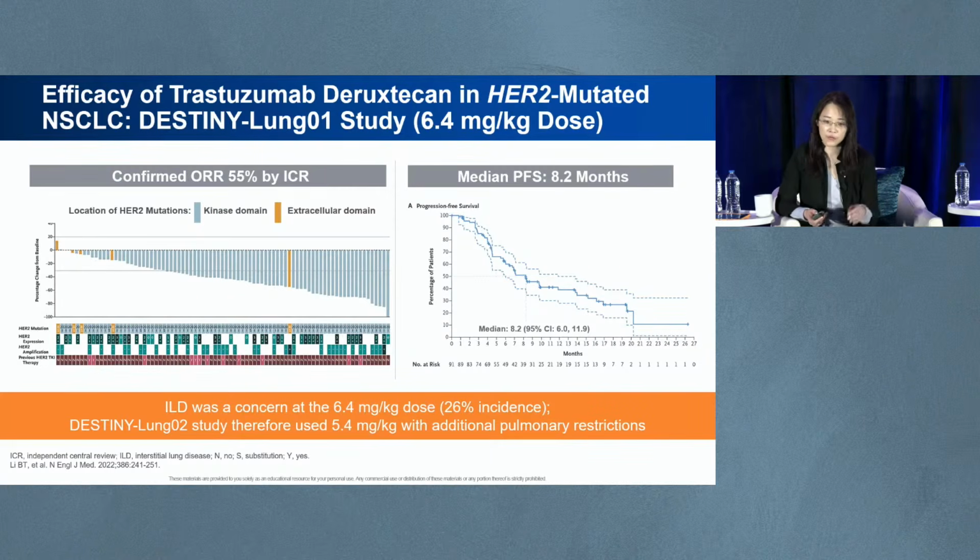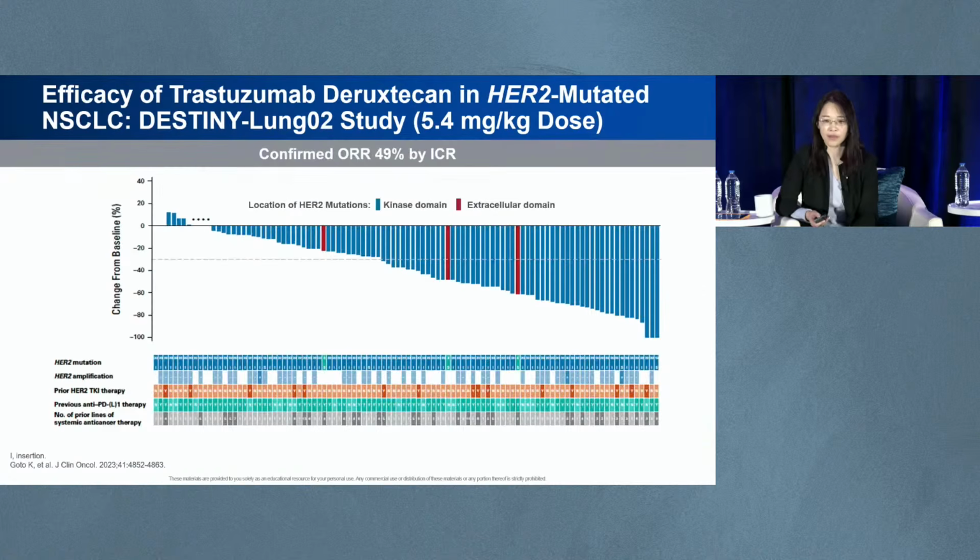However, at that dose, for lung cancer patients, the pneumonitis rate is quite high at 26%. As pneumonitis can quickly turn into a life-threatening situation, subsequent studies were conducted, including DESTINY-Lung02, which reduced the dose to 5.4 milligrams per kilo with additional pulmonary restrictions and cautions.